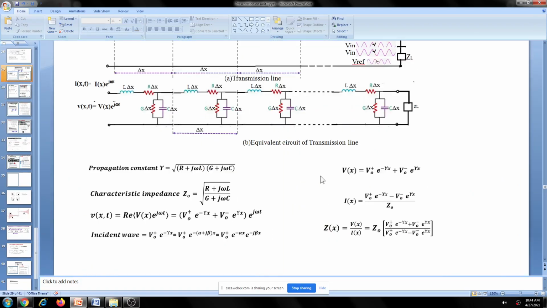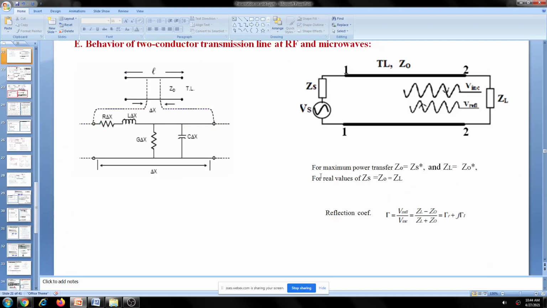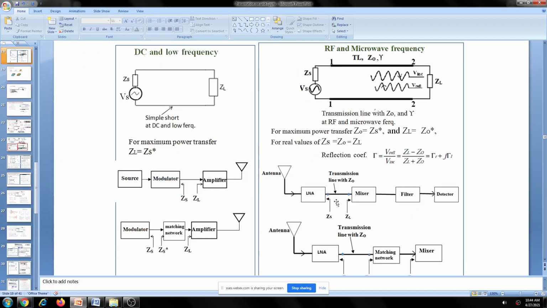See here, the signal will travel like this from here to here. If it is a TTL gate, a TTL IC circuit, the signal travels from here to here. By the time it travels from here to here, it will decrease in amplitude because of alpha. TTL needs at least 3 volts.